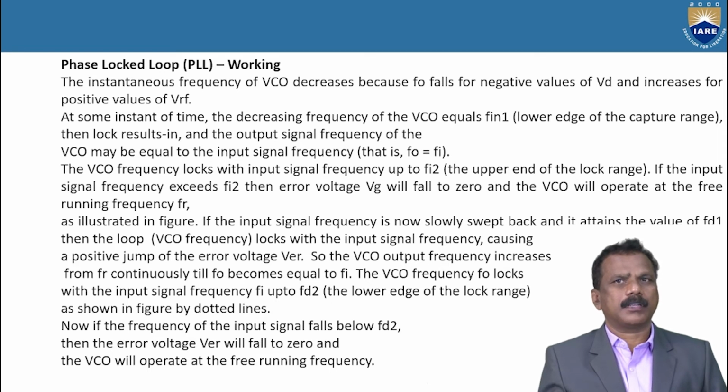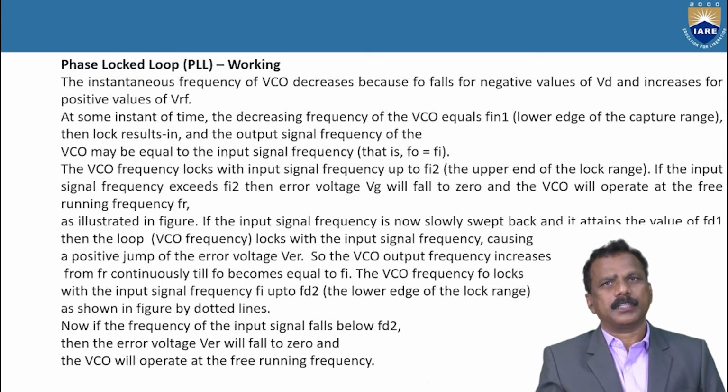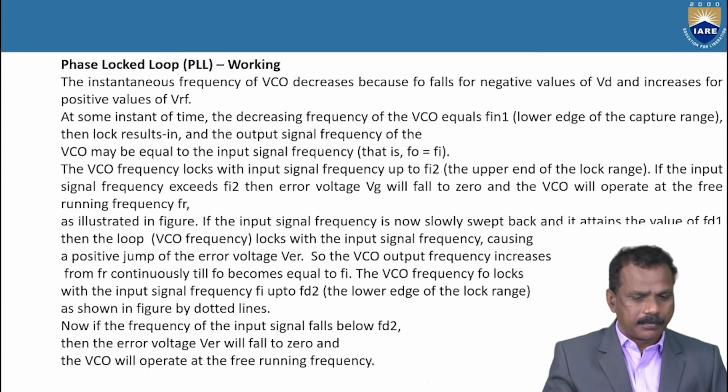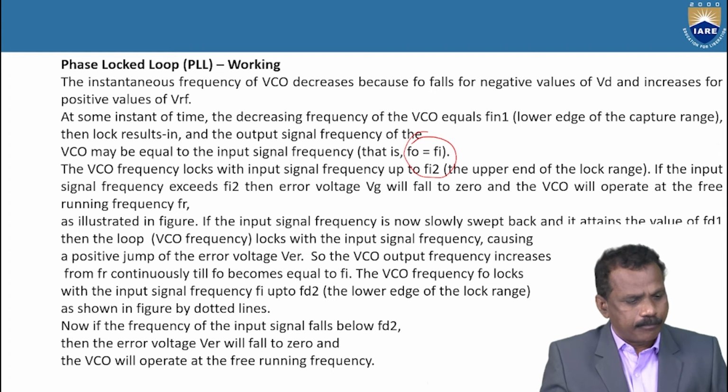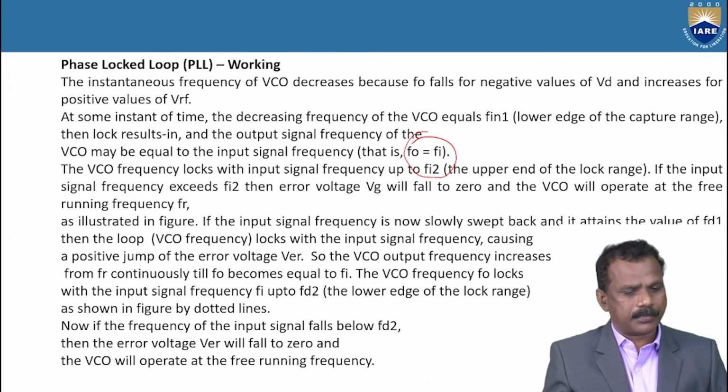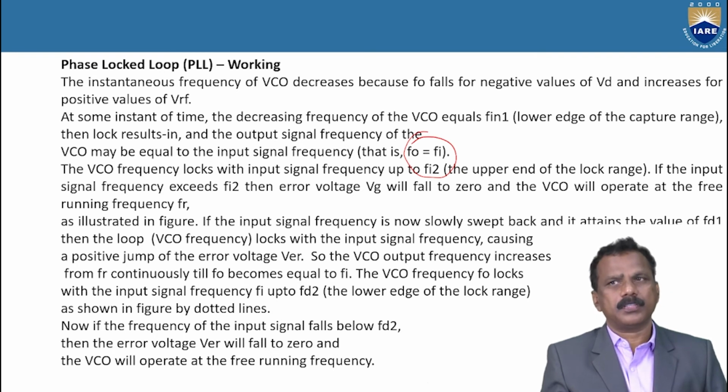The lock results in the output signal frequency of the voltage control oscillator being equal to the input signal frequency, that is F0 is equal to Fi. The VCO frequency locks with the input signal frequency up to Fi2, that is the upper end of the lock range.